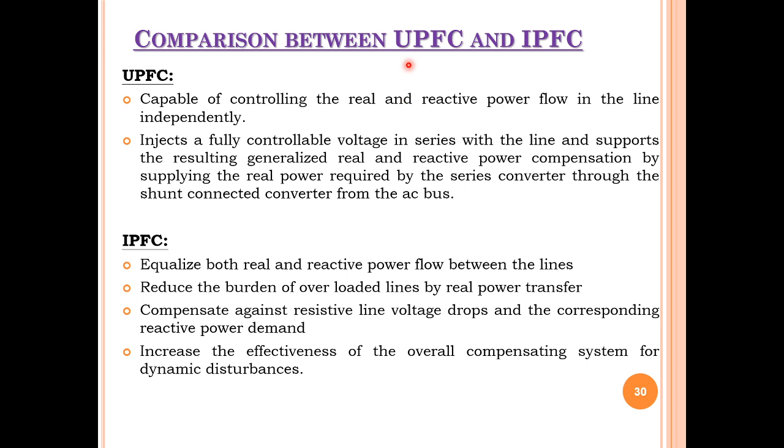And the main comparison of UPFC and IPFC is that UPFC is capable of controlling real and reactive power flow in the line independently. Whereas IPFC can equalize both real and reactive power flow between the lines. As a result, it reduces the burden of overloaded lines by real power transfer. These are the differences of UPFC and IPFC.